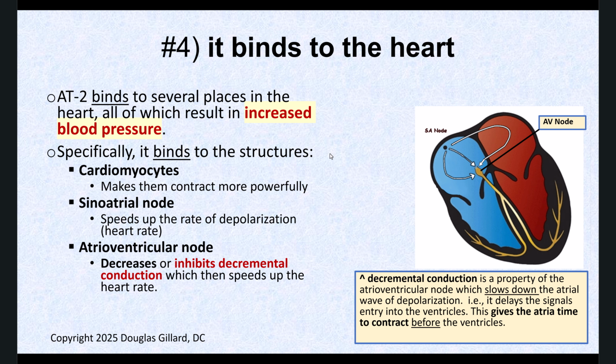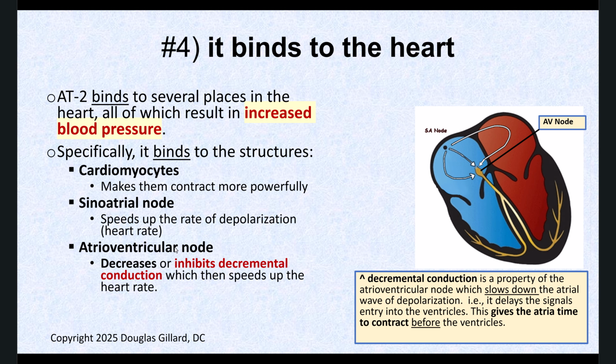It can go find the heart, and it can bind to its AT1 receptors on cardiomyocytes and stimulate them to contract more powerfully. We won't worry about the physiology of that. It can bind to the SA node and speed up its rate of depolarization, which increases the heart rate.